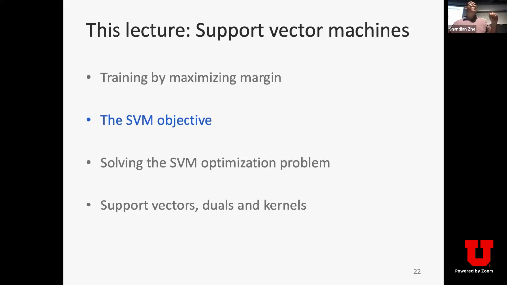This is a very, very important first step, explaining the rationale of doing margin maximization, because it is not only justified by our intuition, it is actually justified by our computational learning theory, in particular, the generalization error bound.